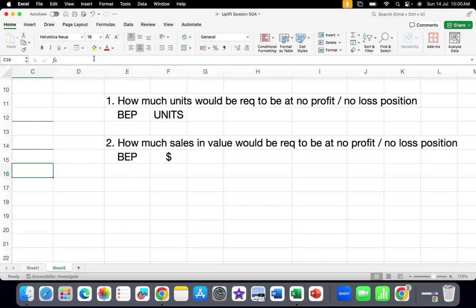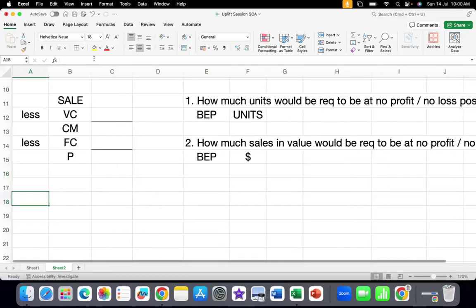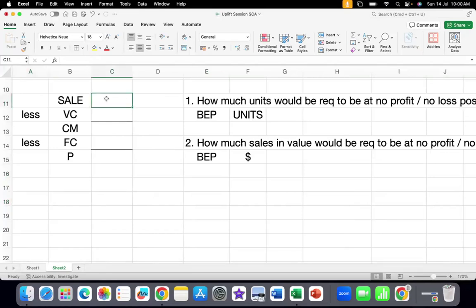So how do you calculate that now? Let's understand. If my sales are 1000, my variable cost is say 700, that becomes my contribution margin of 300. Let's say my fixed cost is 100 and my profit would be 200.